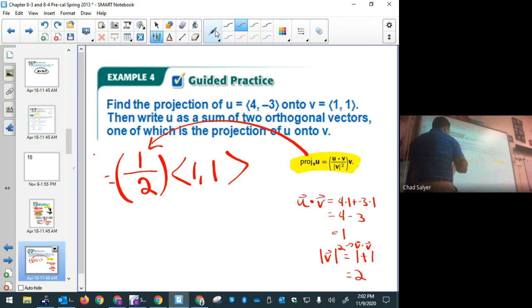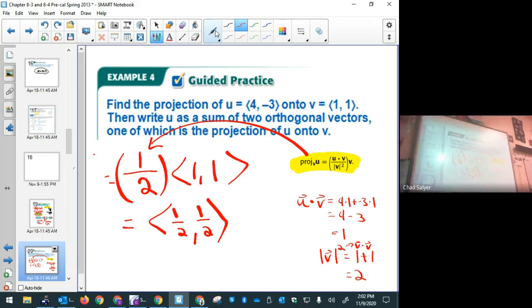Okay. So after I scale that vector, we get this. I won't bother with the second half in this case because I'm not going to test for that anymore. Questions about anything? All right, cool.